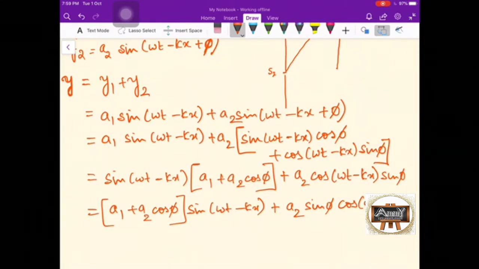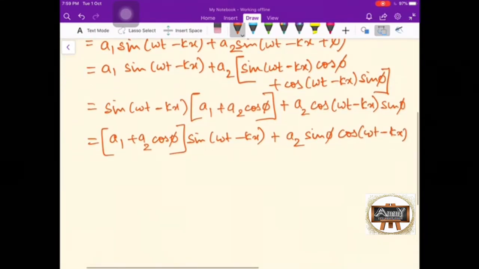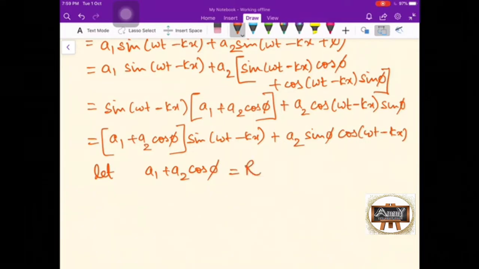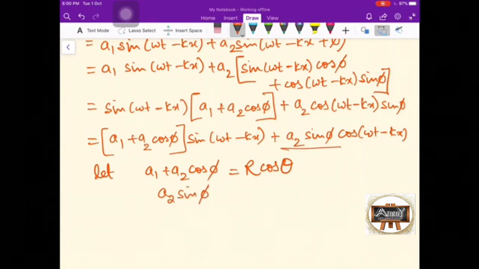Now let A1 plus A2 cos phi be given by r cos theta. I want to reduce this equation, so I am introducing these things. At the same time, let me choose the term A2 sin phi as r sin theta, and then I will substitute here and here.